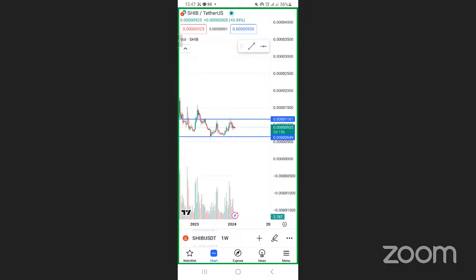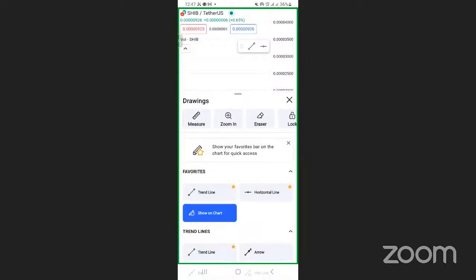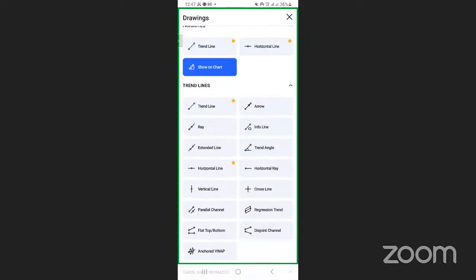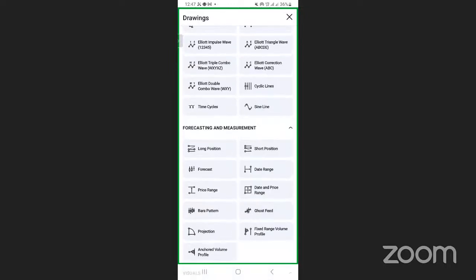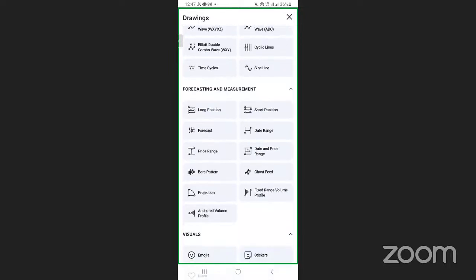Now, to identify how much percentage you'll be earning, you use another drawing. I told you, go to a pencil and then look for those drawings. I told you there is what you call, down here, price range.